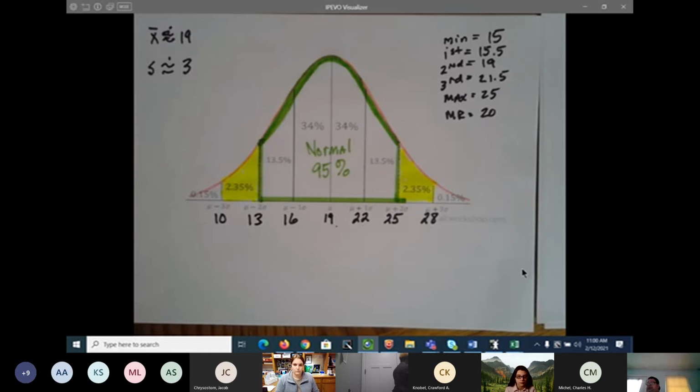So they're unusual. So somebody name a mediocre quarterback in the NFL. Cam Newton. Okay. Mediocre.